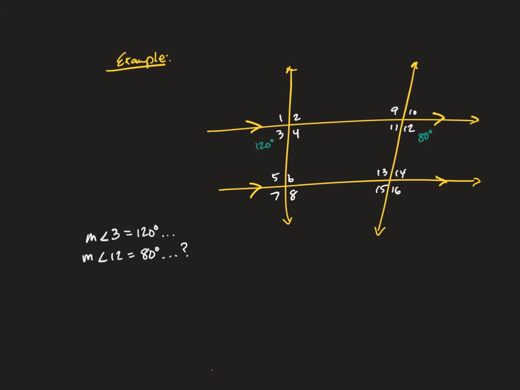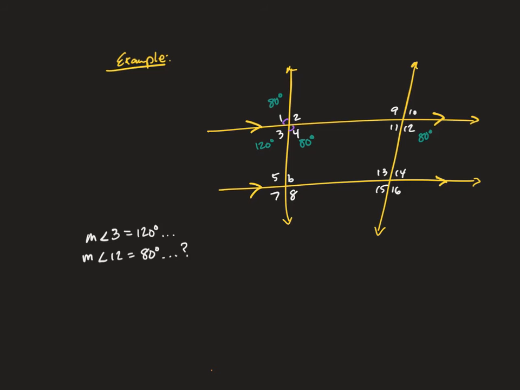Well, if I just look at these, I know that by the fact of linear angles, a linear pair is going to be 180 degrees. So if 3 is 120, I know that 4 is going to be 60 degrees because linear pairs are 180 degrees. Now, if that's the case, I know that angle 4 and angle 1 will be congruent, so angle 1 is also going to be 80 degrees.